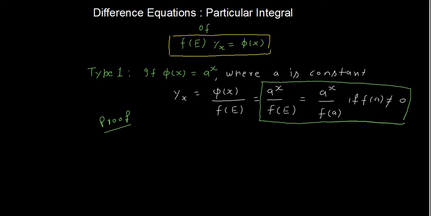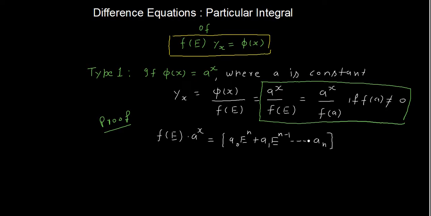If we write f(E) into a^x, the general form of a linear difference equation with constant coefficient gives f(E) = a0 E^n + a1 E^(n-1) + ... up to the last one, an.